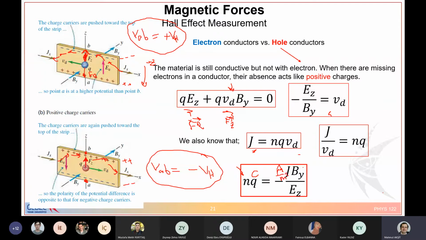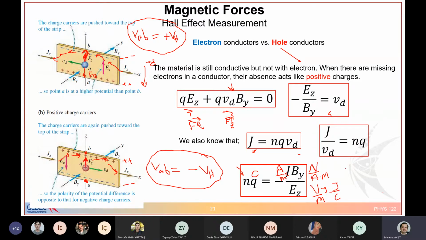BY is the Tesla, that's the magnetic field. Tesla is also at the same time Newton per ampere meter. E field is volts per meter. Volts by definition is joules per coulomb.